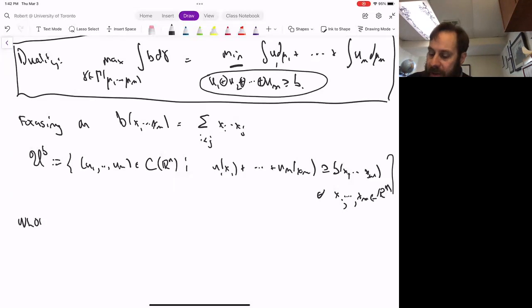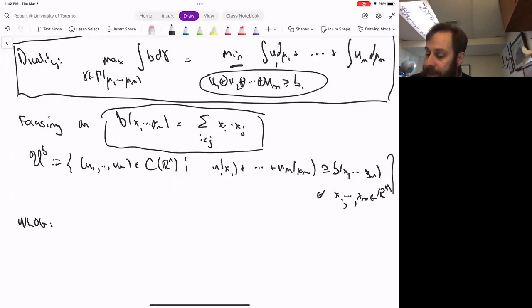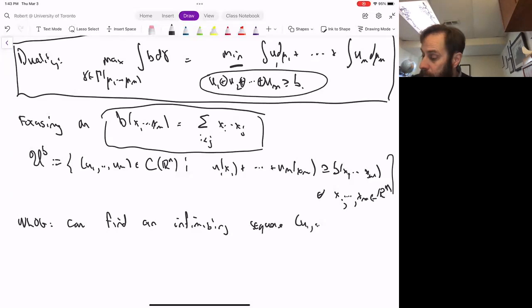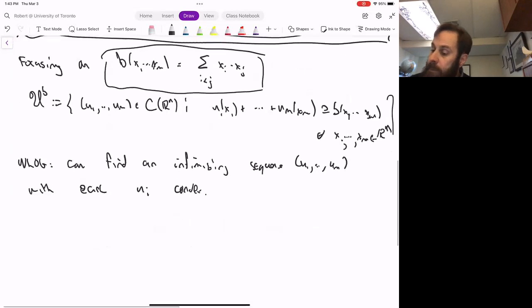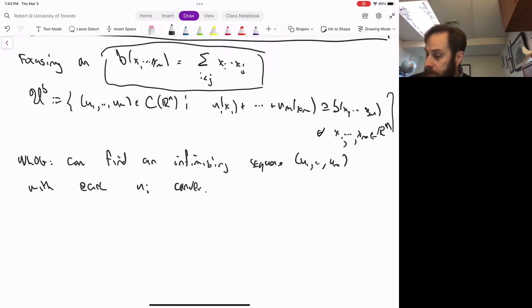So without loss of generality, because of this particular form of B, I can find an infimizing sequence with each ui convex. And why do you expect that this is possible to do? Well, it's sort of the usual thing.